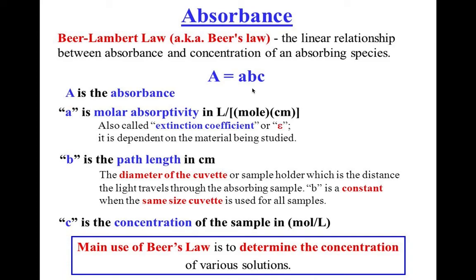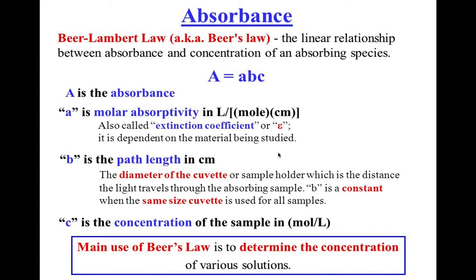Think about looking at 2 cups of blue food coloring. If you've got two tall glasses of equal size, and one is half full and one is all the way full with blue food coloring, and you're looking at it from the top, you're looking down at it. The one that's all the way full, it's going to look darker. It's got a higher path length.